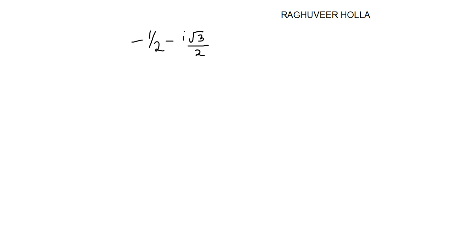So here r cos theta would be minus 1 by 2, and r sin theta is minus root 3 by 2.